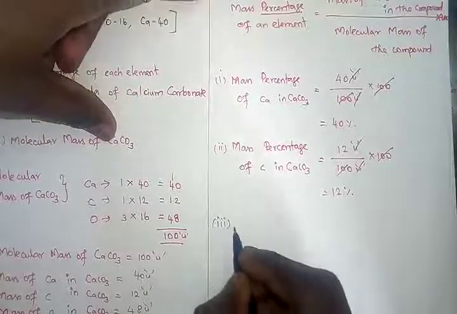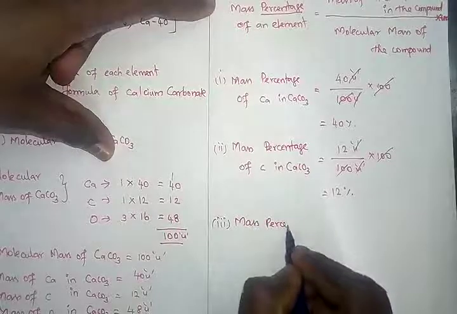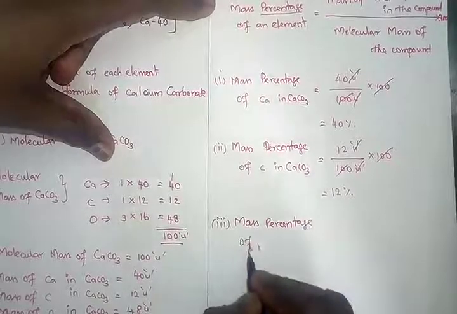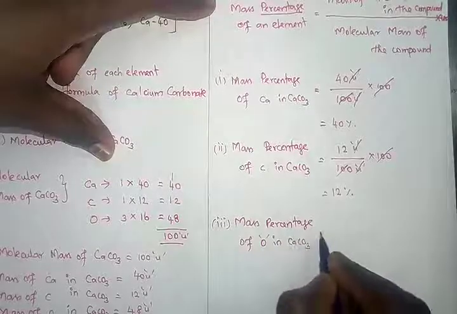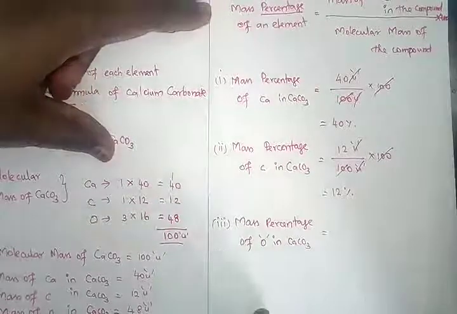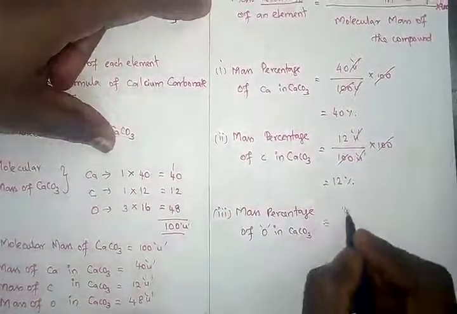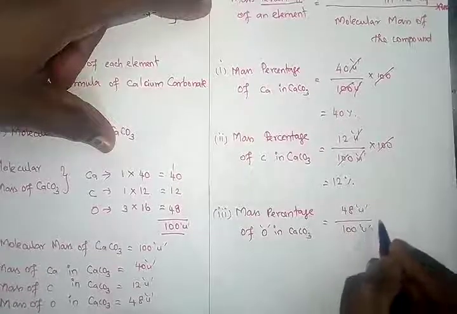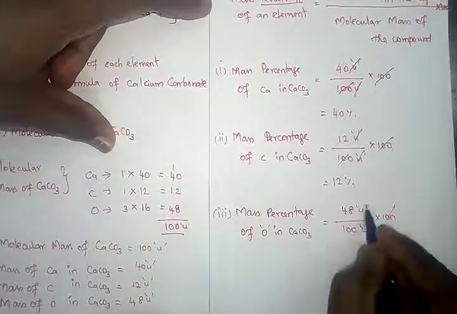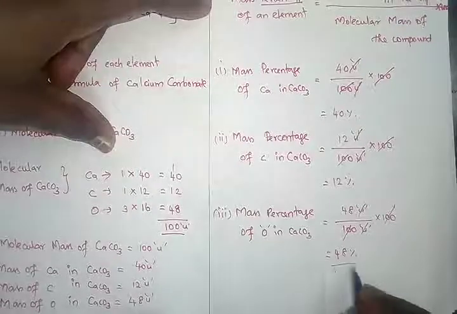Now come to the third one. Mass percentage of oxygen in calcium carbonate is equal to, what is the weight of oxygen? We have calculated 48 U, right? So 48 U divided by 100 U into 100. U gets cancelled, 100 gets cancelled. So the answer is 48%.